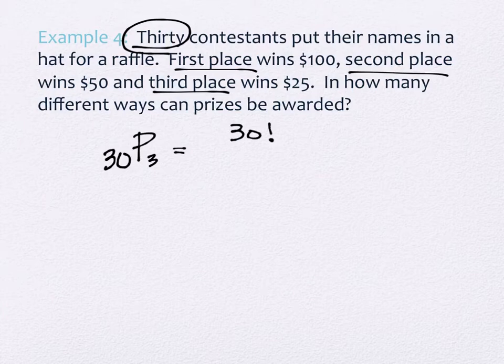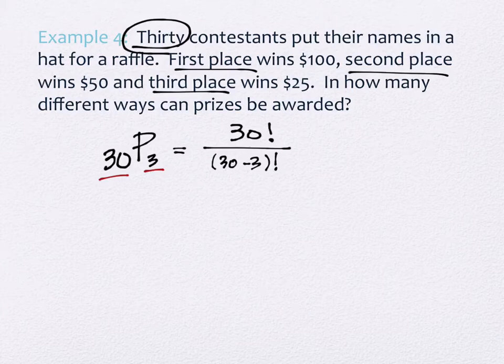It's always the total number of people or objects that I'm choosing from. And on the bottom, you can think of this in one of 2 ways. One way is literally to subtract: 30 minus 3.